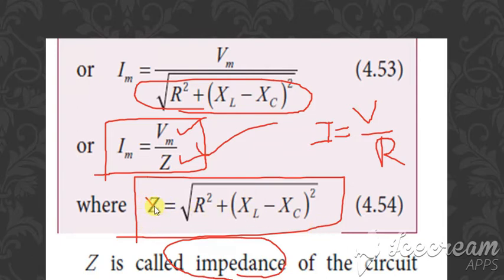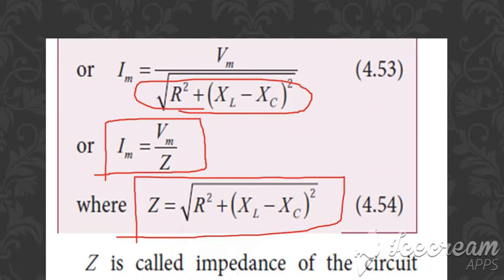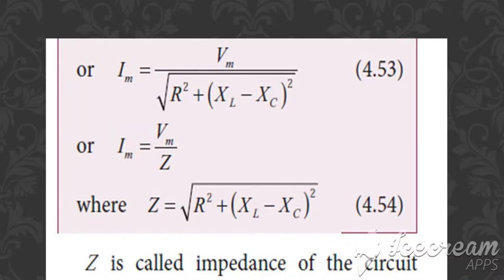So from this we get the equation for impedance: Z is equal to root of R square plus (XL minus XC) the whole square. These two equations are very important. Im is equal to Vm divided by Z, and Z is equal to root of R square plus (XL minus XC) the whole square. Clear?